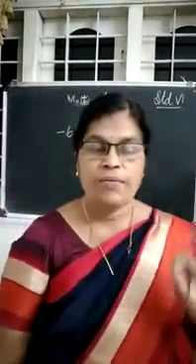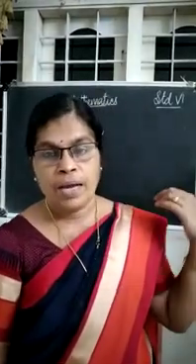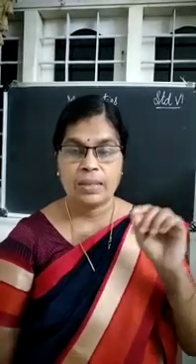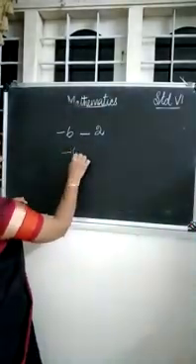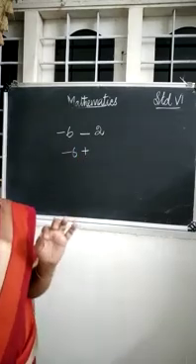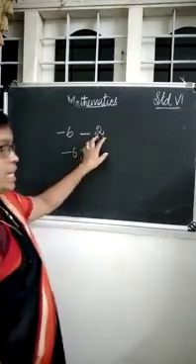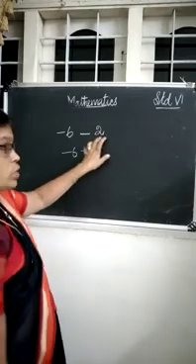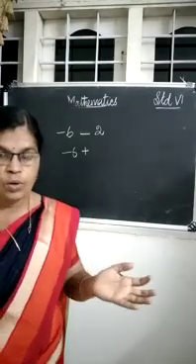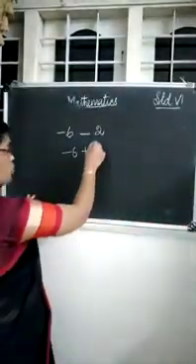When we subtract an integer from another integer, the subtraction will change to addition. This negative 6 stays, and the subtraction sign will change to addition. Add and take the additive inverse of positive 2. I have told you, what is the additive inverse of positive 2? That is negative 2.